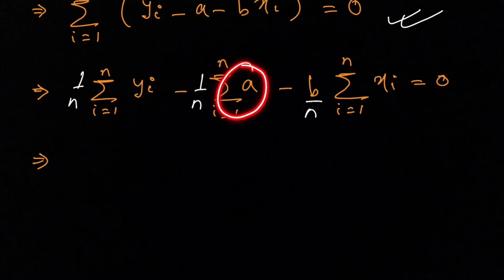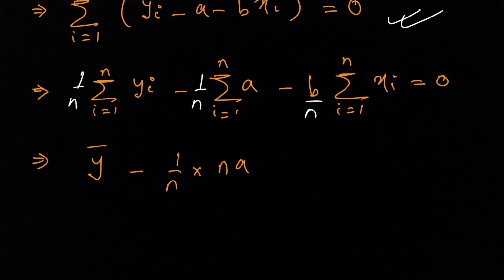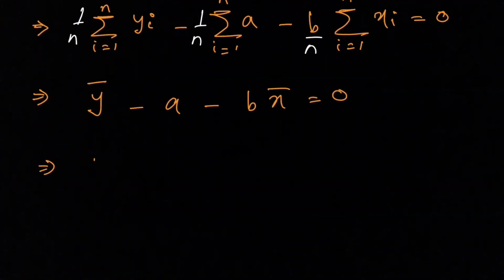So this will give n times a, and this is 1 by n, so this term will give a only. So this becomes y bar, and this becomes minus 1 by n multiplied by n a, which is nothing but a only. So I'll write it as y bar minus a minus b times x bar equal to 0, which is nothing but y bar is equal to a plus b x bar. Okay, let's say this is equation number 2.